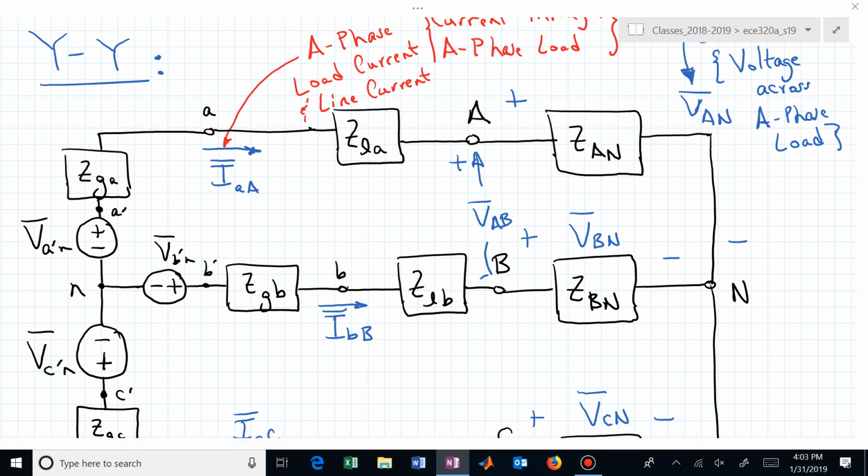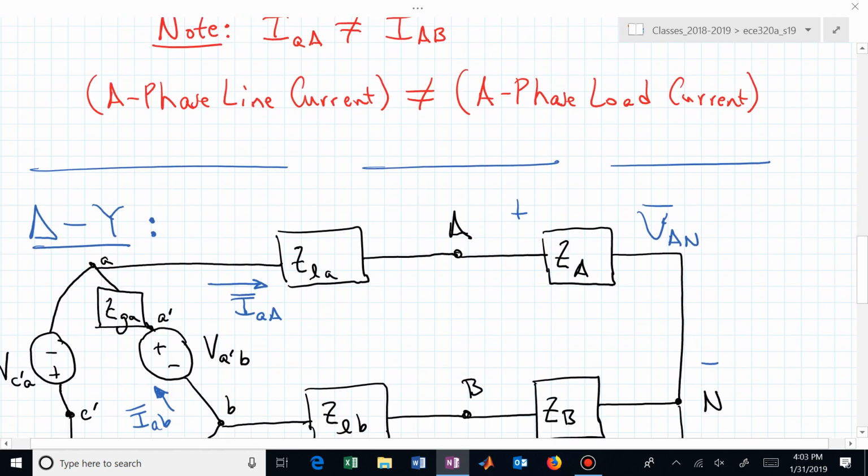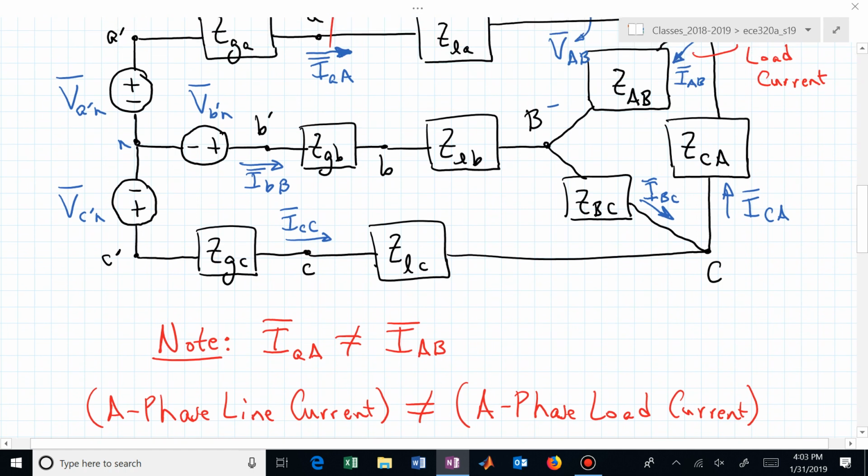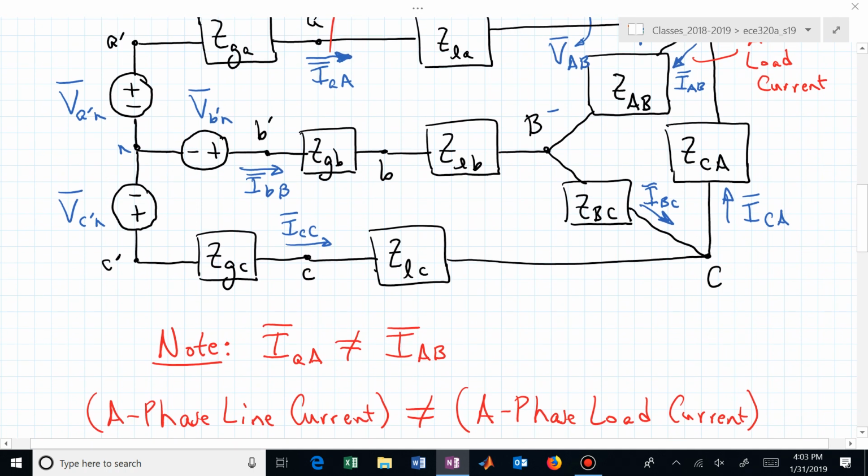Do you see how? Yeah, somebody had enough. But by the exam, you have to make sure and keep these clear. So here, do you see that the A phase line current, the current in the transmission line in the A phase, which is I sub AA, is definitely not the same as the A phase load current, which is I sub A, capital B. Whereas in the YY, it was the same.